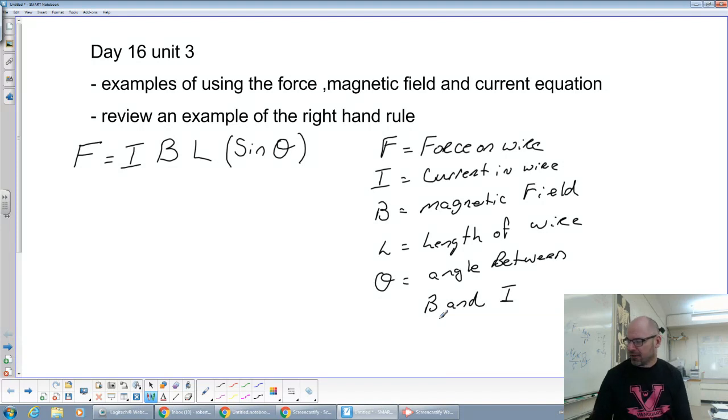And remember that if it's at 90 degrees, because we'll have some 90-degree situations as well, if you get them perfectly lined up.